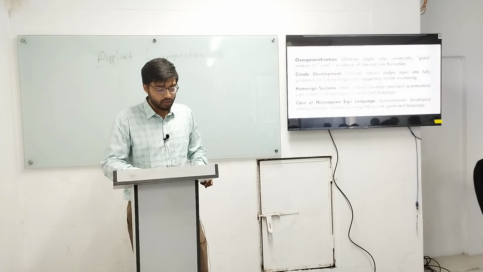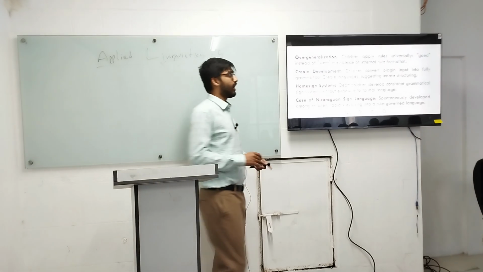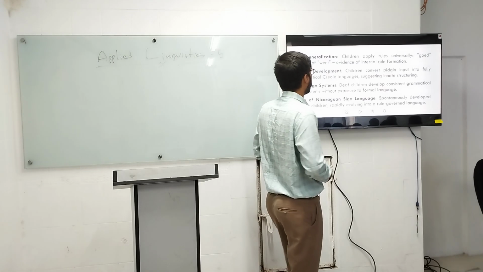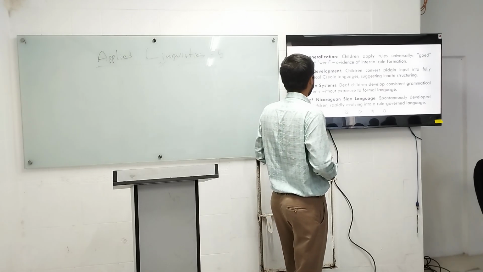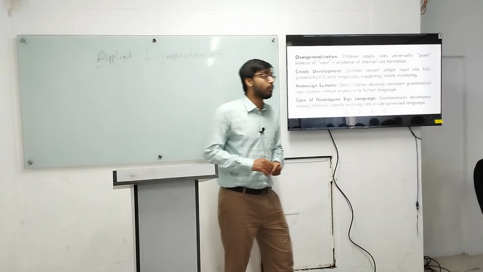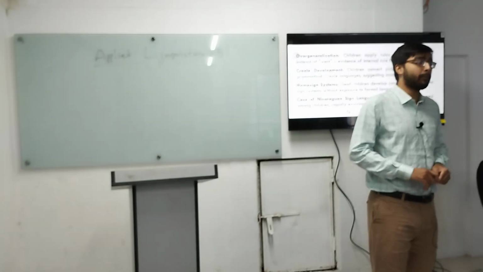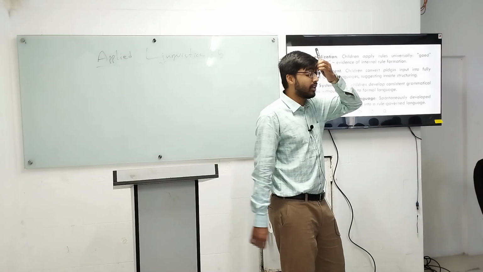And examples and evidence for innatism. Okay, let's see. Overgeneralization. Children apply rules universally, like goed instead of went. Evidence of internal rule formation. Yes, because one student could see that if you want to say it in the past tense, you'd like to have an -ed after the word.